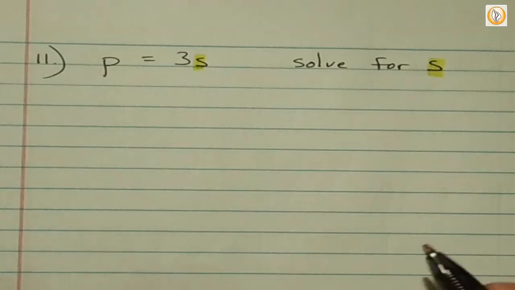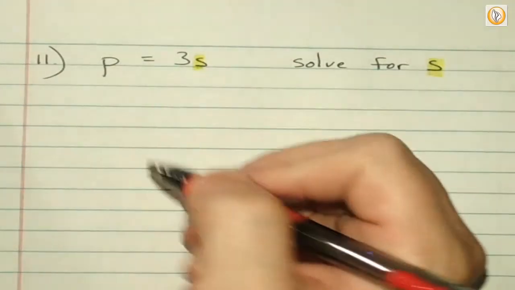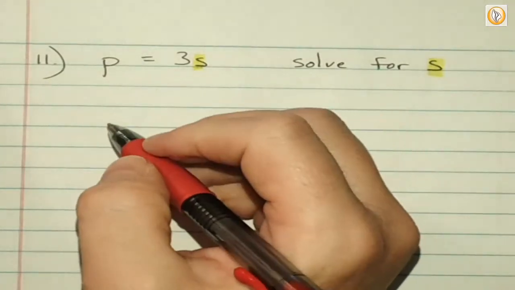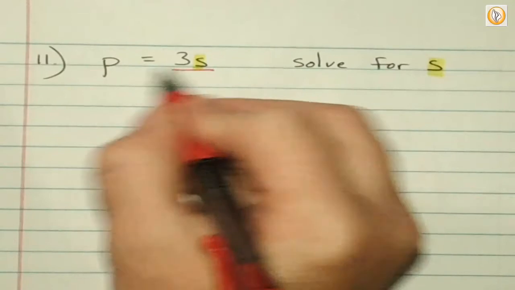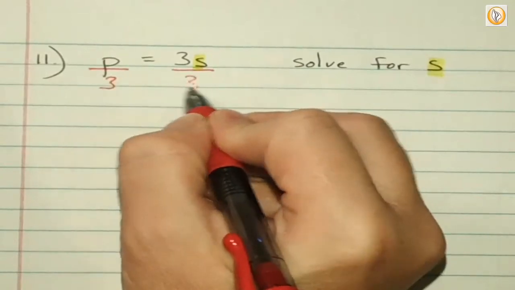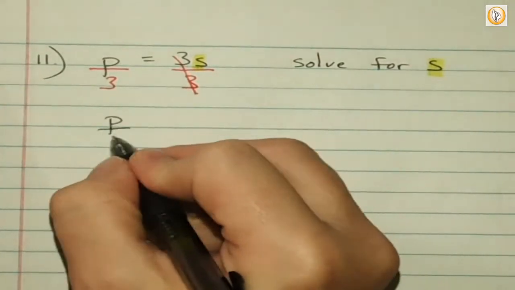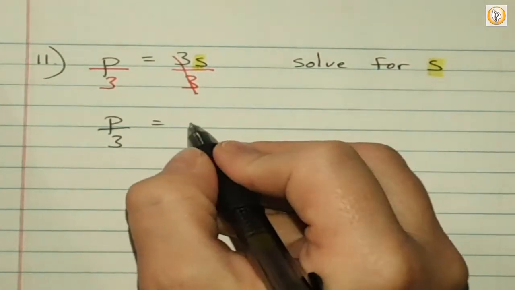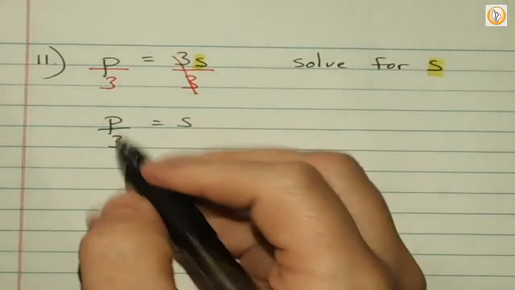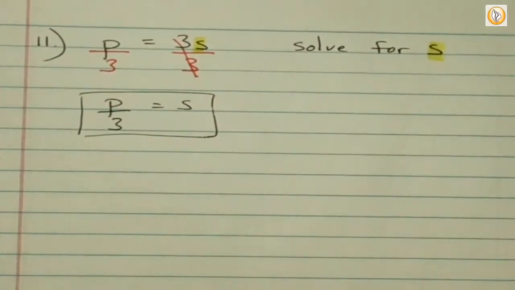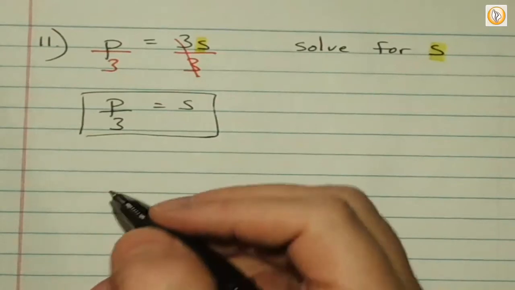You're going to divide by 3 on both sides, and then you get P over 3 equals S. Very good. Man, so far this is nothing with the examples. Look down at the two. Any questions so far?